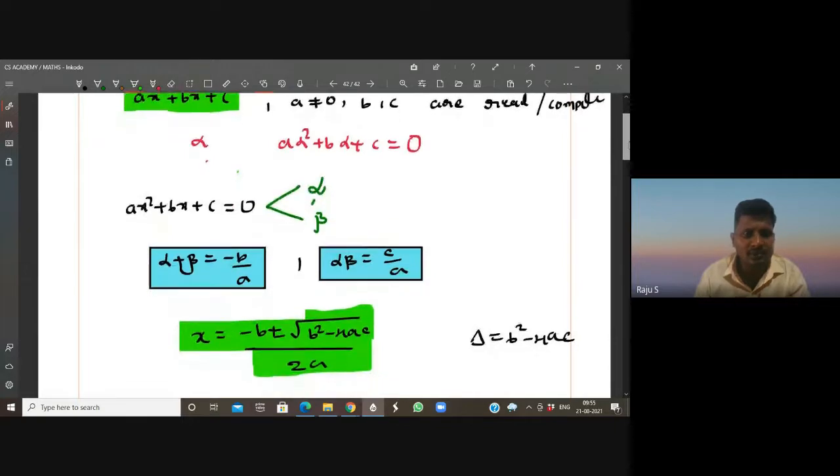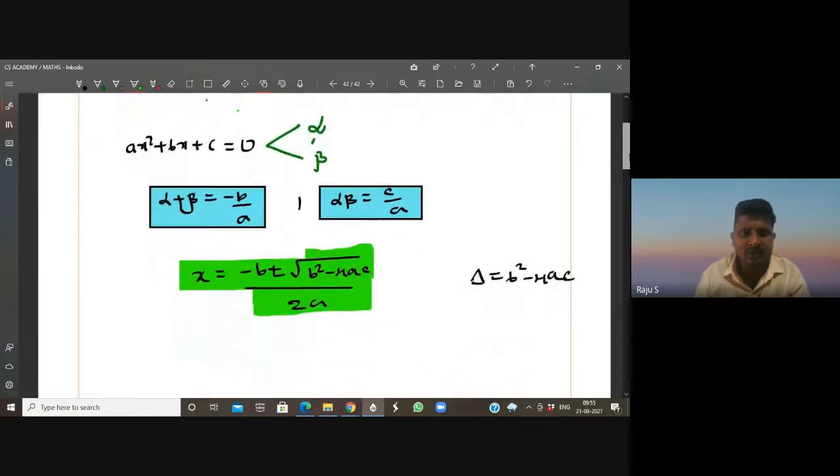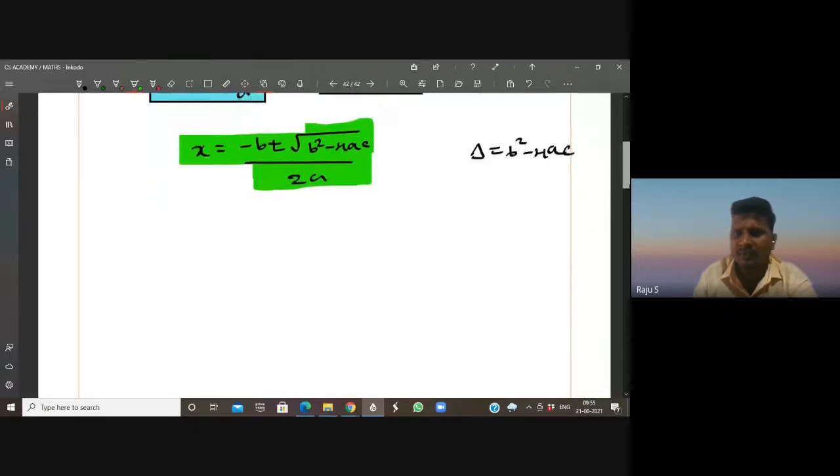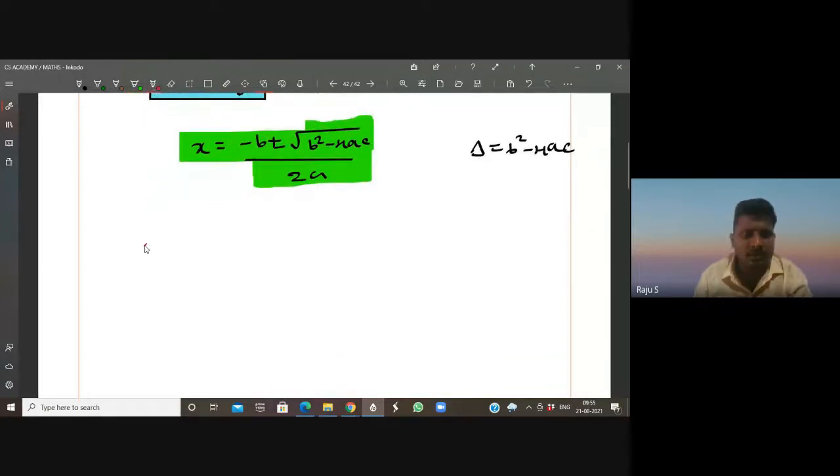Expression means without equal symbol. Equation means with equal symbol. Every quadratic equation has 2 roots, I'm taking alpha and beta. Sum of the roots is minus b by a, and the product of the roots is c by a, right students? When alpha and beta are the roots, some facts are already given clearly in Master G. Alpha plus beta is minus b by a, and alpha into beta is c by a.